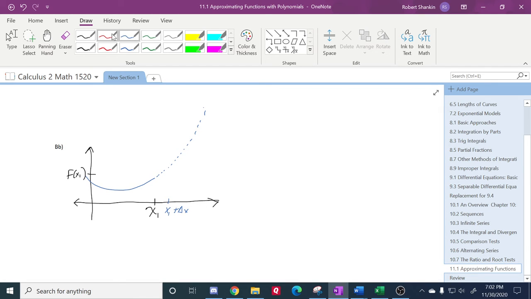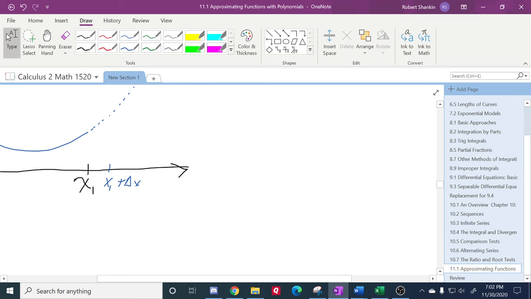But if we only use the first derivative, we'd project along a straight line. Let me kind of blow it up here. We project along the straight line.